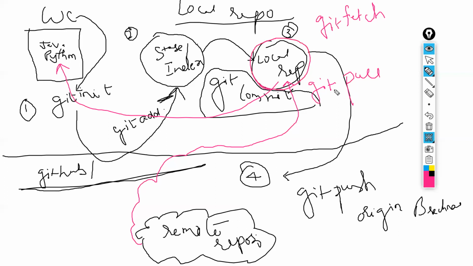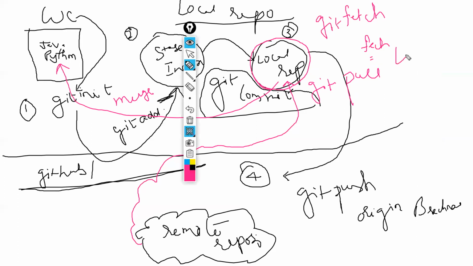So in order to store it in the working copy from the local repository, you need to use a command called merge. So fetch is equal to store it in the local repository.